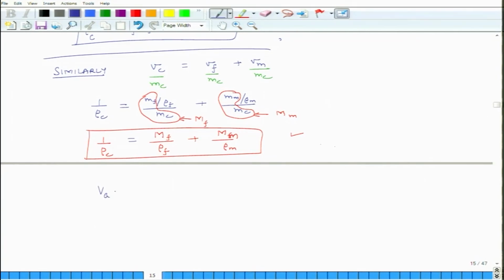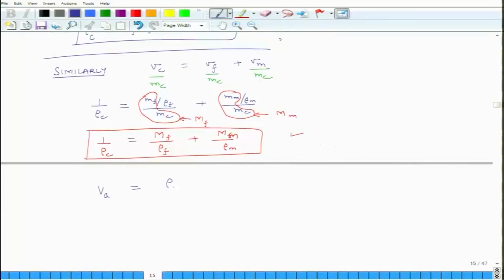Volume fraction of air equals, your theoretical density of the composite will always be a little higher, because it does not account for air, right. So, it will always be higher. So, density of composite theoretical minus density of composite experimental.